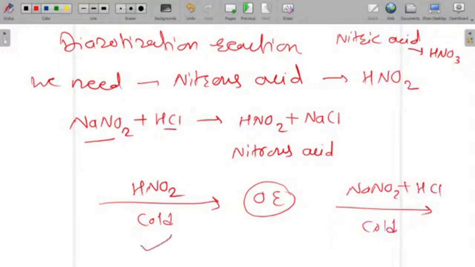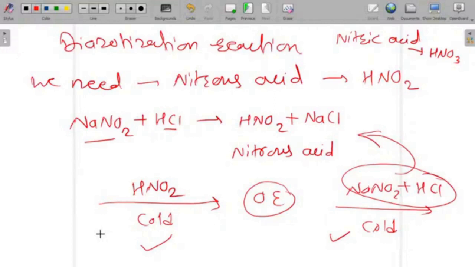Both are the same reactions. Do not confuse them, because the mixture of NaNO2 and HCl forms HNO2. This is the reagent that we are using for the diazotization reaction. Now we will see the reaction with primary, secondary and tertiary amines.